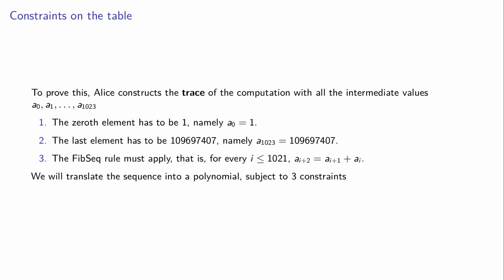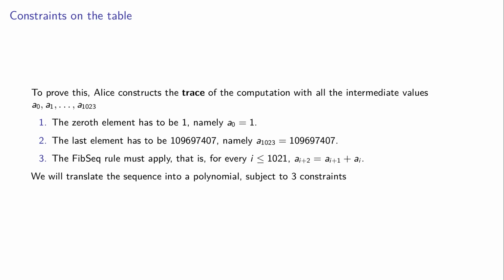And there are some additional constraints on this trace, on the sequence. The zeroth element has to be 1, the last element has to be the value that's claimed, and the Fibonacci relation should apply, so we need that a of i plus 2 equals a of i plus 1 plus a of i for all the i's in this interval.